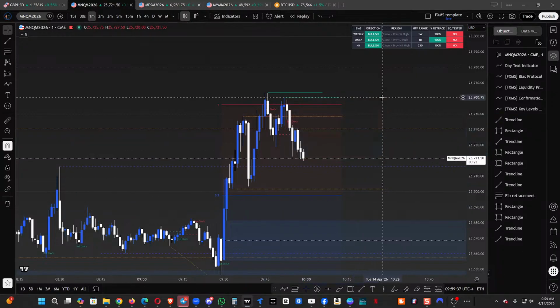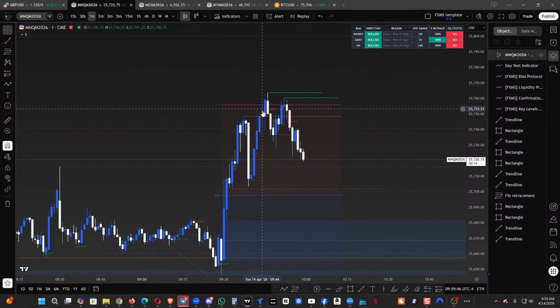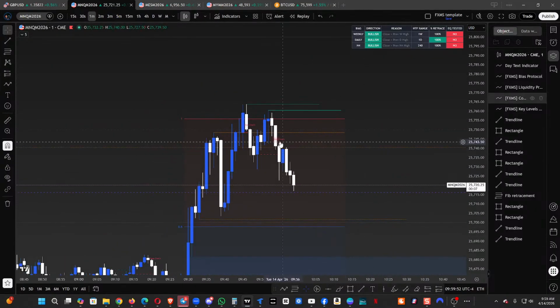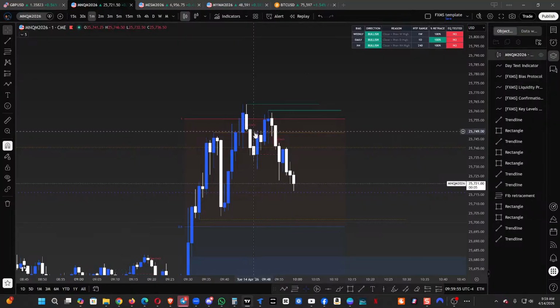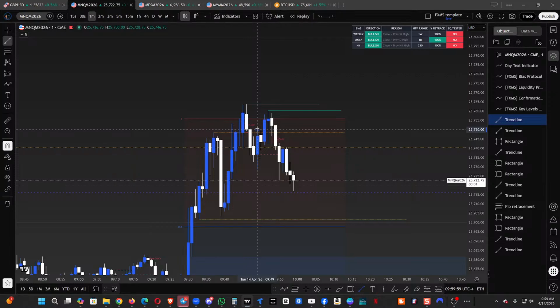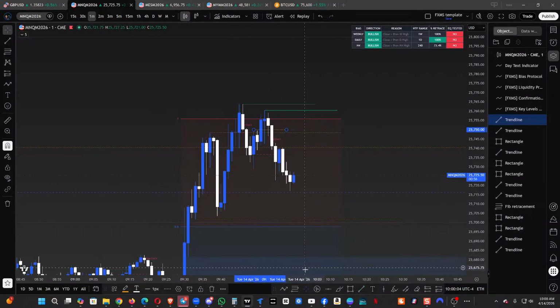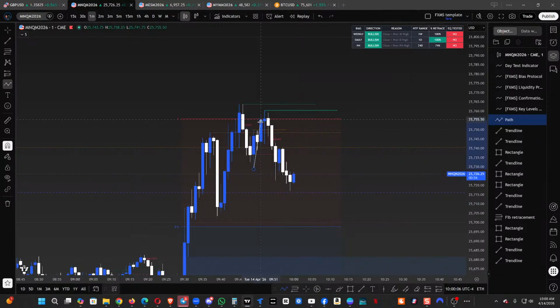Hey, Jeff. Yeah. Hey, the change of character there, doesn't it have to take out the high there? Oh, you mean it's not going up above. Yeah. The reason it's saying it's a change of character is because there's a tiny swing high right here, and that's just from the indicator. But there's no divergence here, so you're correct. It should be price comes up here first and then we come down like this, right?